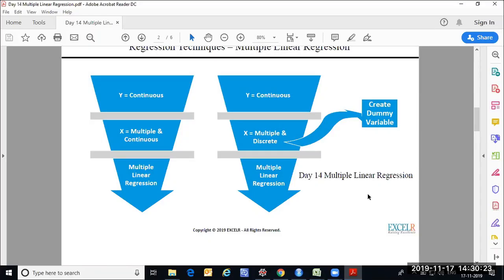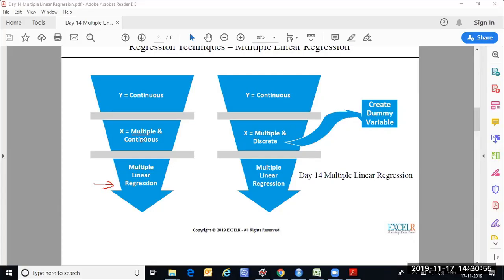And based on the number of input variables that you are using to predict your output variable y, we decide to go between simple linear regression or multiple linear regression. If the number of input variables is more than one, irrespective of whether they are continuous or discrete, we still go for multiple linear regression.